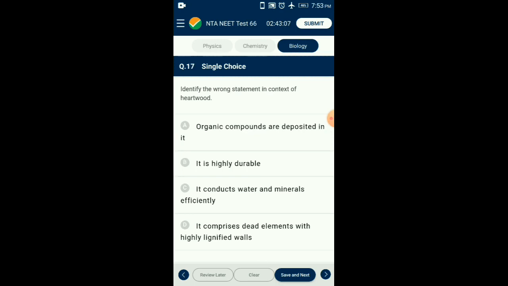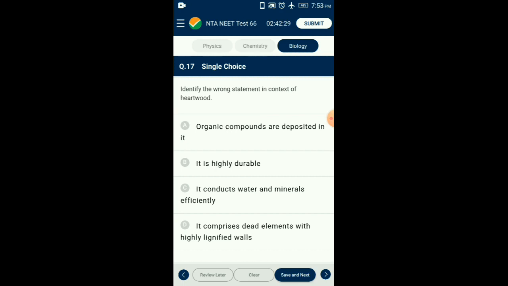Question number 17. Identify the wrong statement in context of heartwood. Heartwood is physiologically inactive due to deposition of organic compounds and tylosis formation. So this will not conduct water and minerals. Heartwood is a central cylinder found in tree trunks. Heartwood forms as tree ages and the inner xylem cells lose the capacity to transfer water.